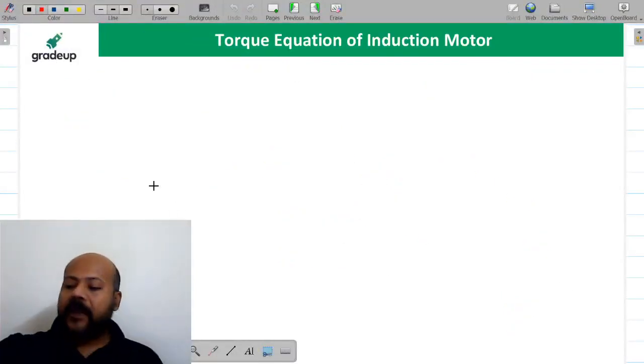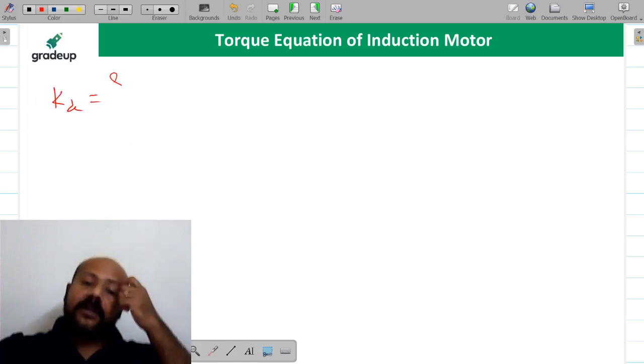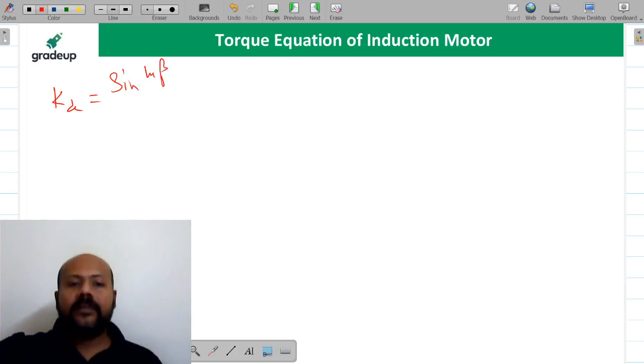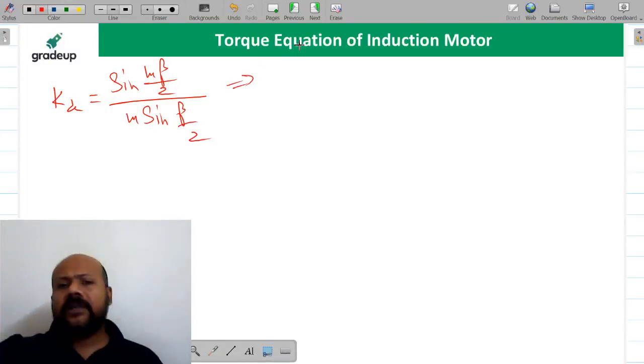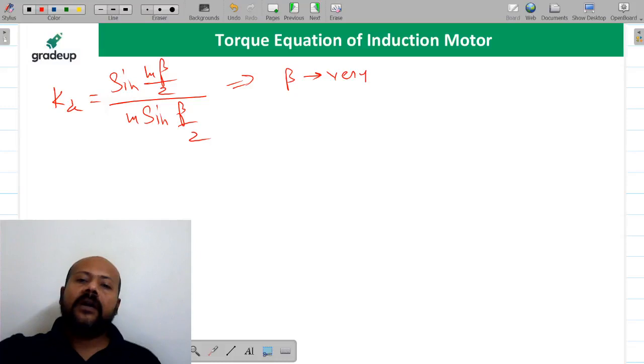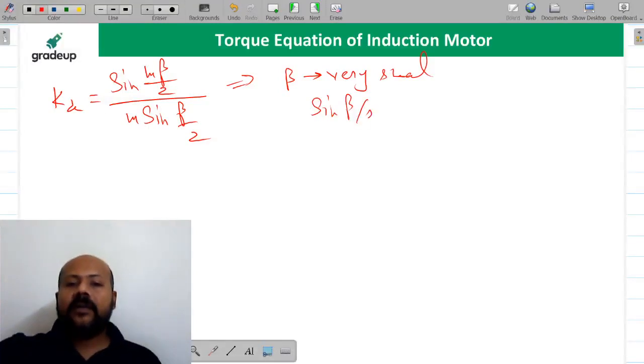Now if you compare the distribution factor, we have seen sine M beta by 2 upon M sine beta by 2. So this we have discussed in our previous class. If you are having a uniformly distributed winding, it means beta is going to be very small. So if beta is very small, then you can assume that sine beta by 2 is approximately equal to beta by 2.